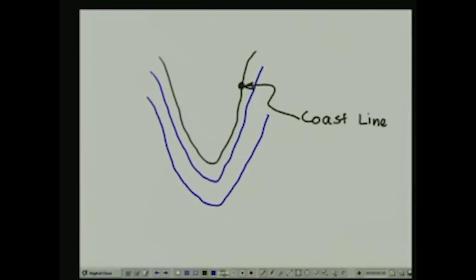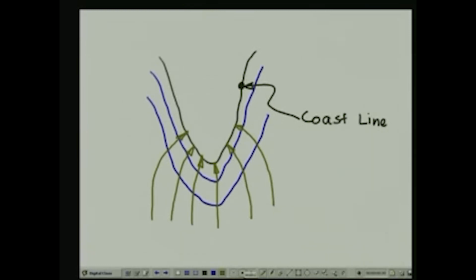In this particular case, the wave energy is going to refract and it is going to get focused towards the portion of the coastline that is protruding into the sea in this manner. And this bending or refraction, as you recall, is because of slowing down of the shallow water wave depending on water depth.